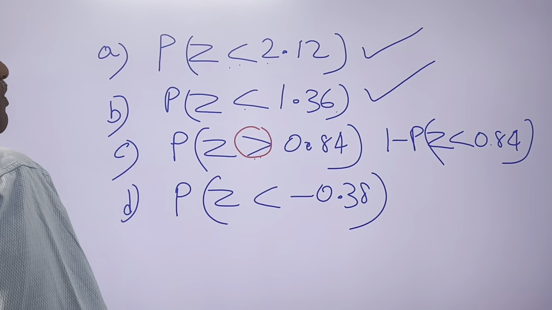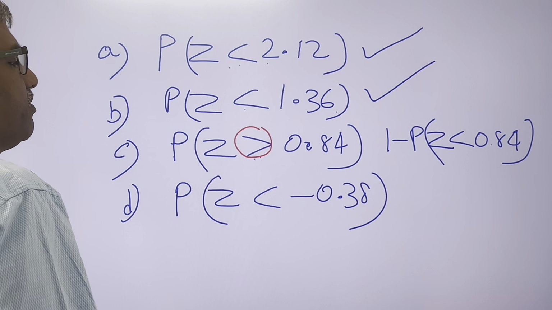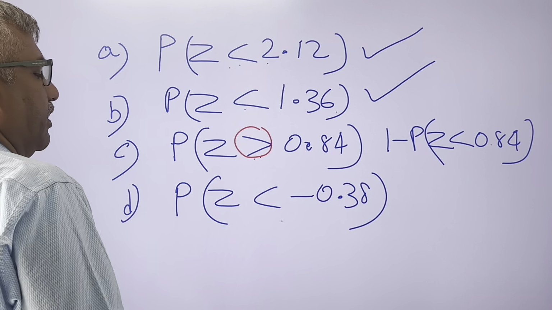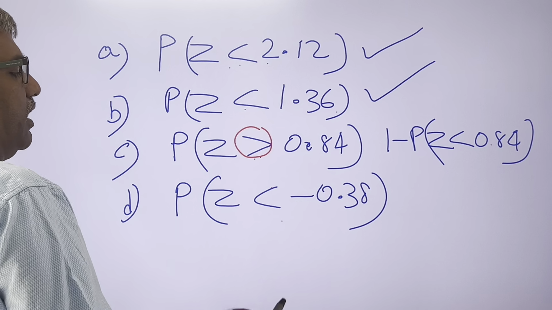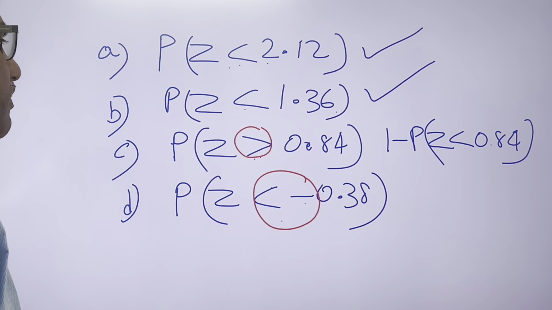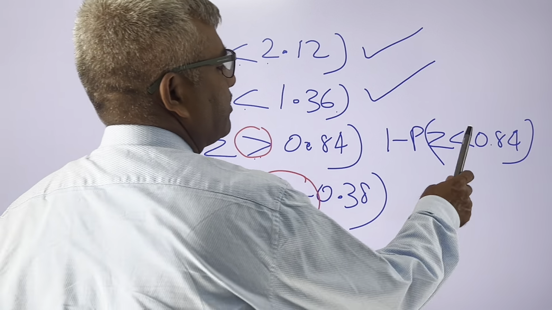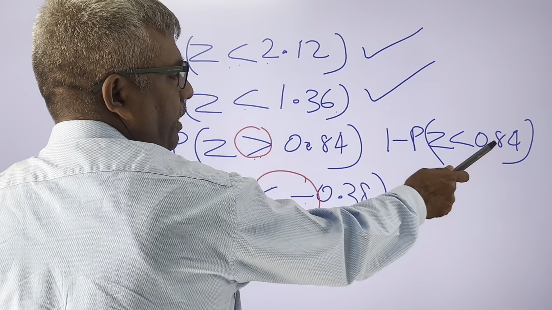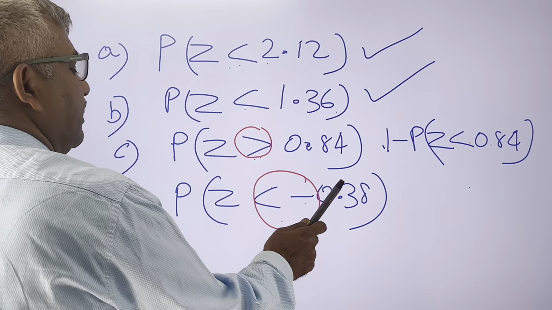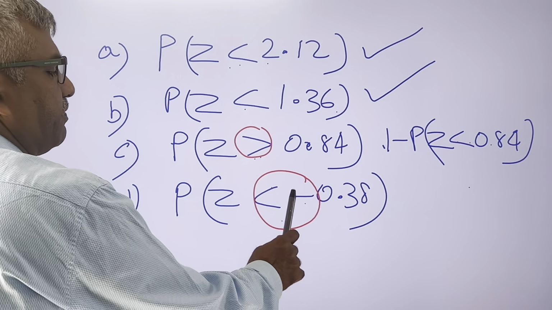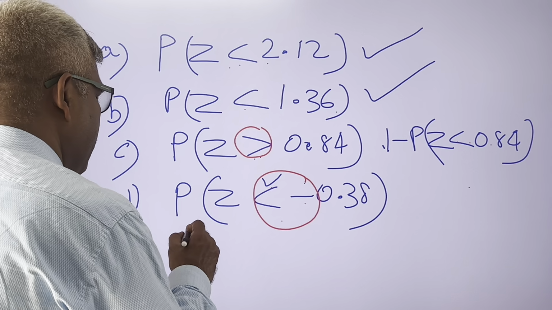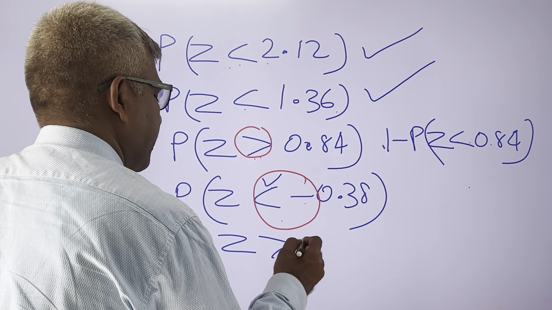Then here, the problem is, it is less than, but minus sign is there. Take the values from table 1 to get the probability value, and 1 minus this value. This is nothing but a minus value is there. Less than is good, but minus is there. So I am making probability of Z is greater than 0.38.